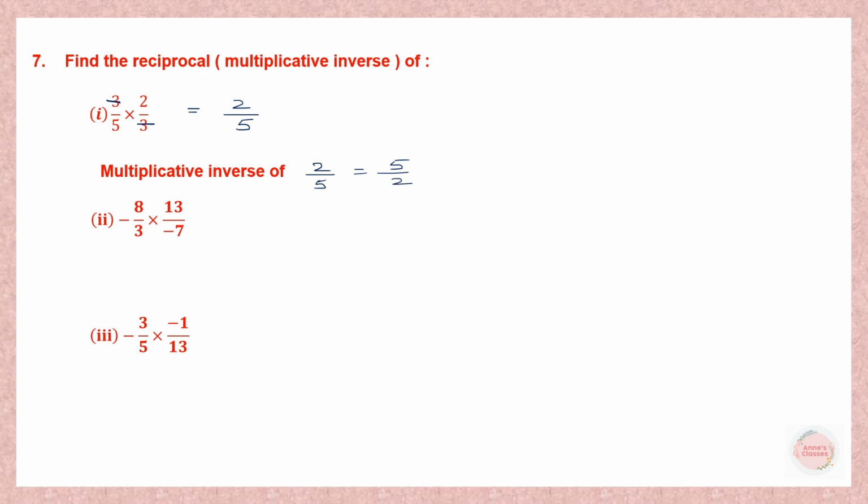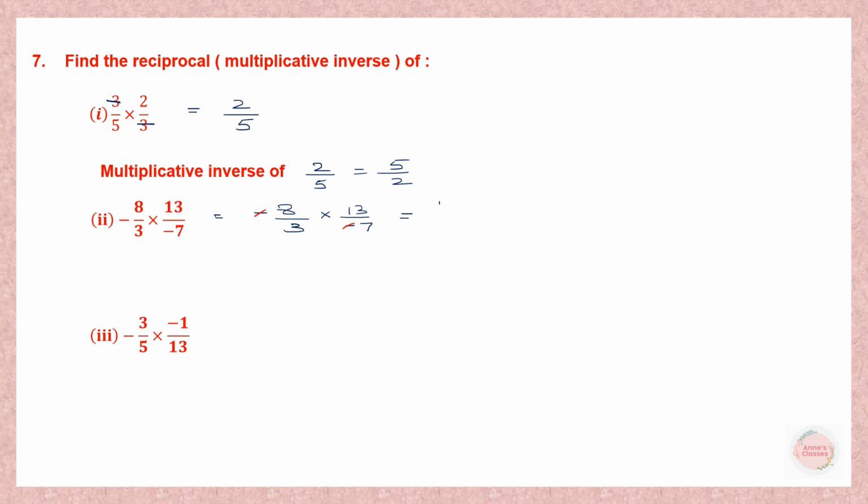Now let's look at the next one. So here we have minus 8 by 3 into 13 by minus 7. So let's write that as minus 8 by 3 into 13 by minus 7. Now we can cancel the minus signs here. Now there's nothing else to cancel. So let's multiply the numerators. 8 into 13.